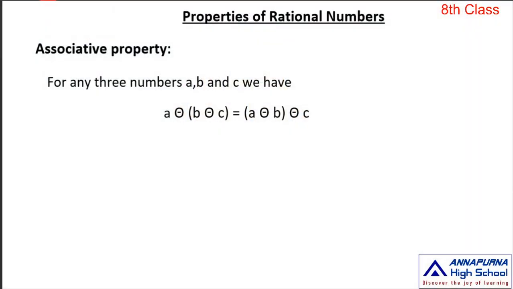That is not important. So in this video, I am going to verify whether the collection of rational numbers satisfies the associative property or not. Okay, so what is the mathematical condition for associative property? For any three numbers a, b and c, we have (a dot circle b) dot circle c is equal to a dot circle (b dot circle c). So this is the mathematical condition for associative property.